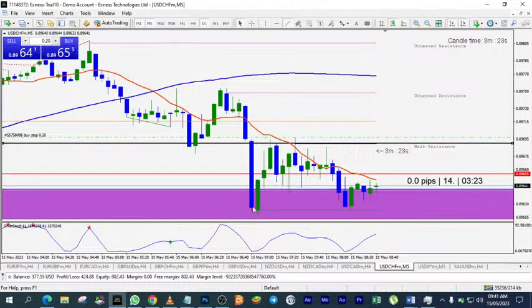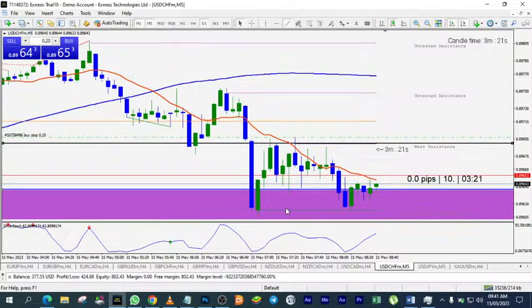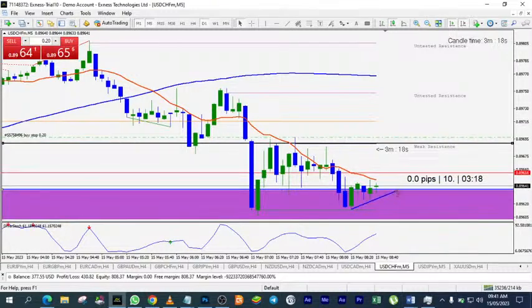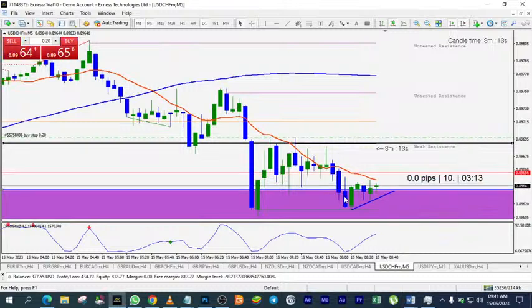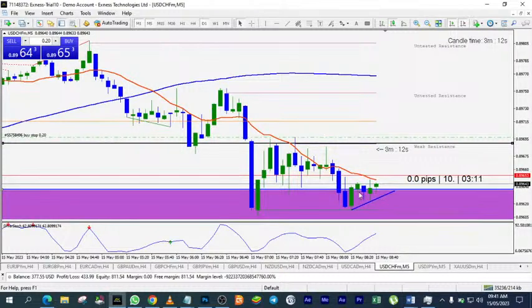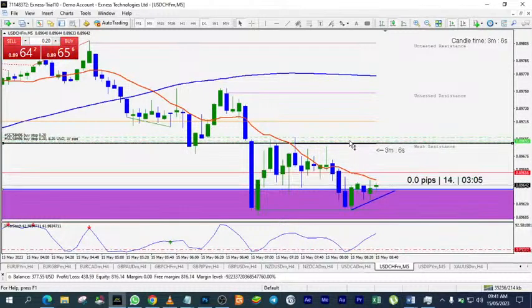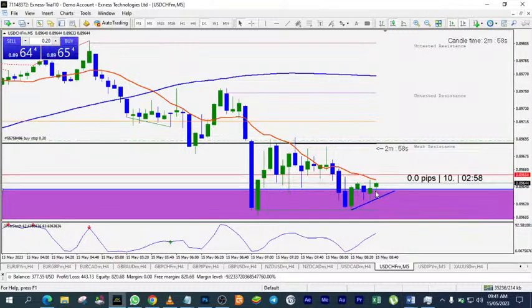Now this is a key level here, and this is my first sign. But to be more on the safe side, I would rather take the trade from this point here. So that's that. But it's still fine to take my trade here.